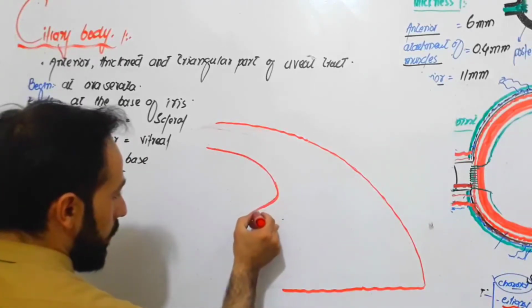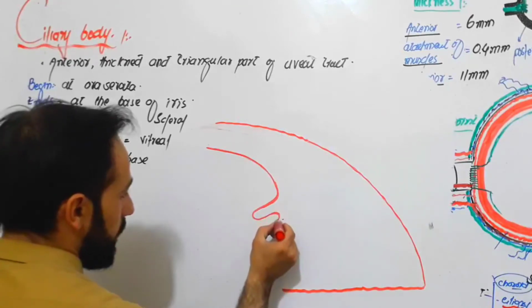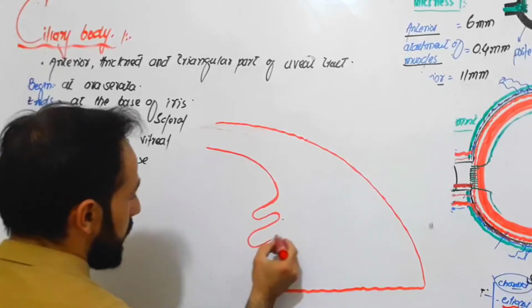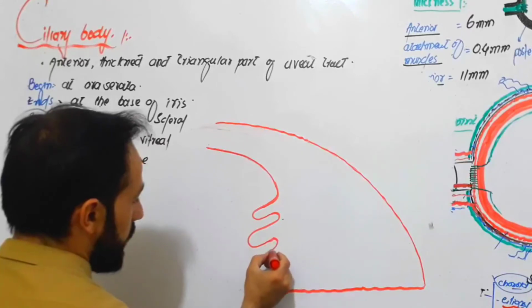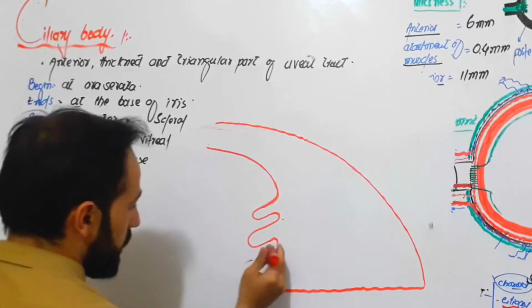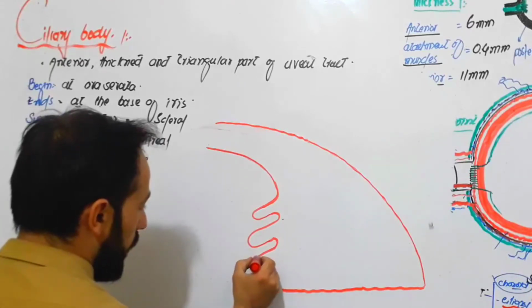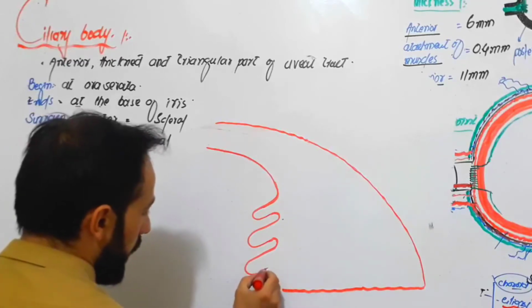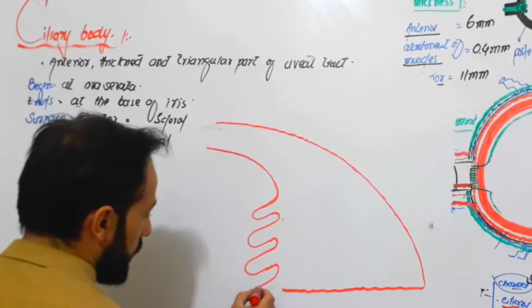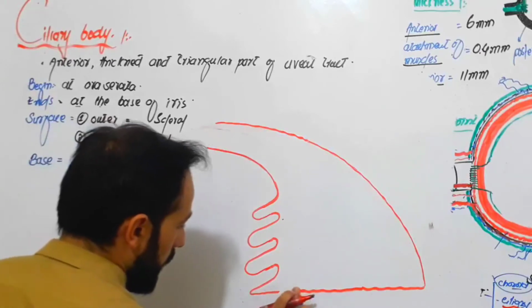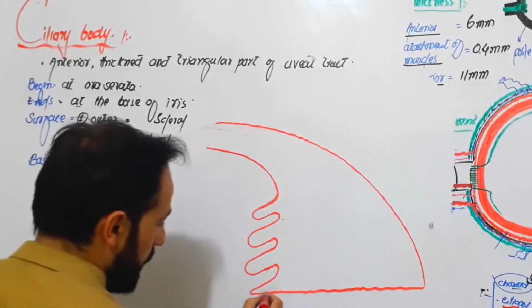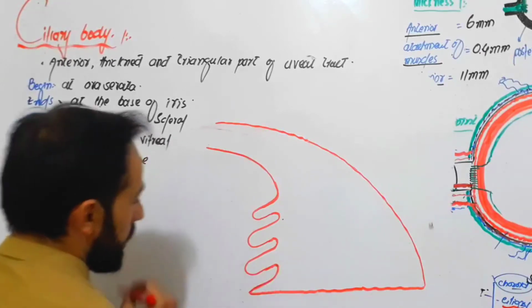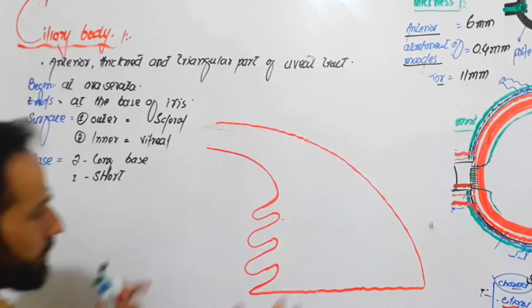One third part of the inner surface has these mountainous outgrowths or projections, right? And these projections are called the ciliary processes, right? Like this. So this is your ciliary body.